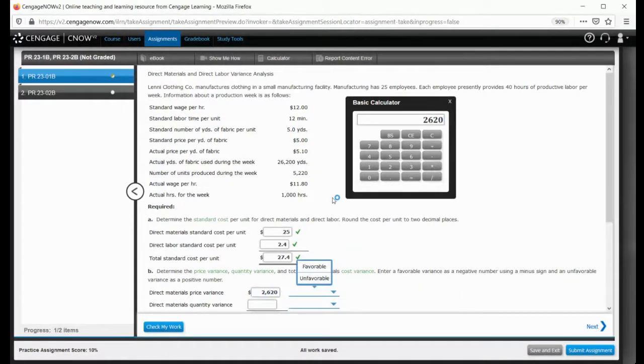And because the actual price was more than what we budgeted for, it's going to become unfavorable. Do you understand what I did there? This is my direct materials price variance. So you're going to take the $5.10, subtract $5, that leaves you with 10 cents that is unfavorable. I'm going to multiply that by 26,200 yards, and that will give you the $2,620, which is unfavorable.